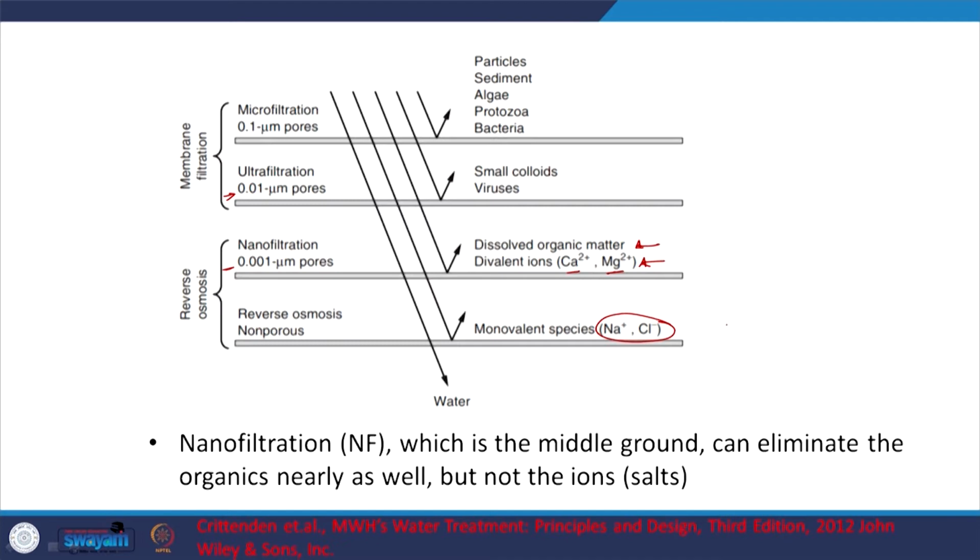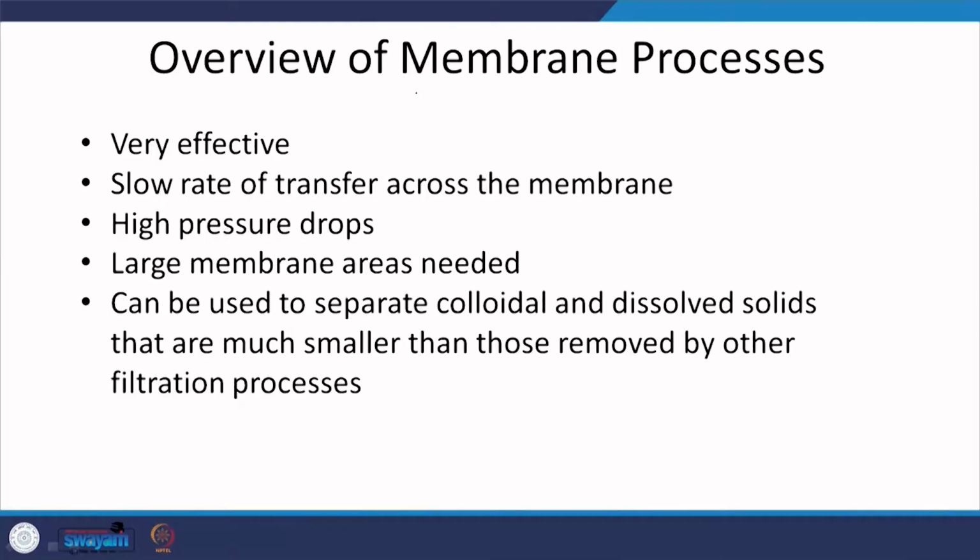Reverse osmosis, you would have seen this, as most household water treatment units have this, but it is not really necessary depending upon where you are living, and we will look at that later. So, an overview of membrane process, what have we seen?